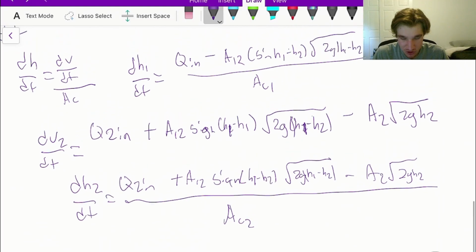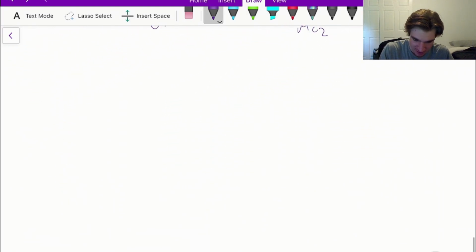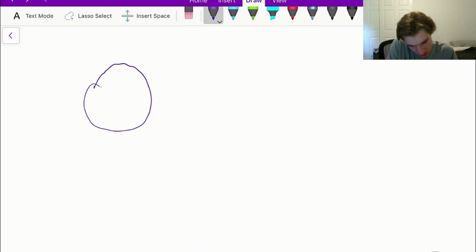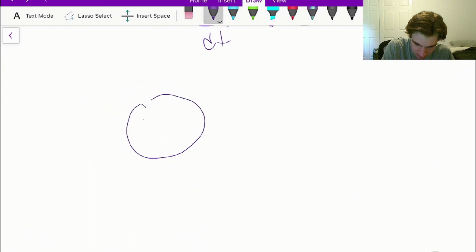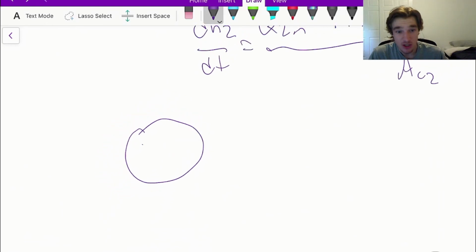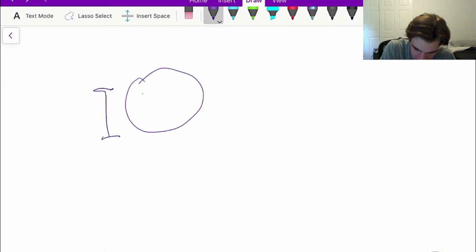So now that we have those two equations, we have to solve for the cross-sectional area. That is not the best circle. That'll have to do. So in our spherical tank, we have some height of HT.